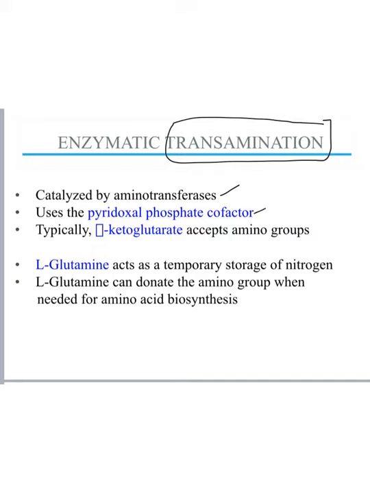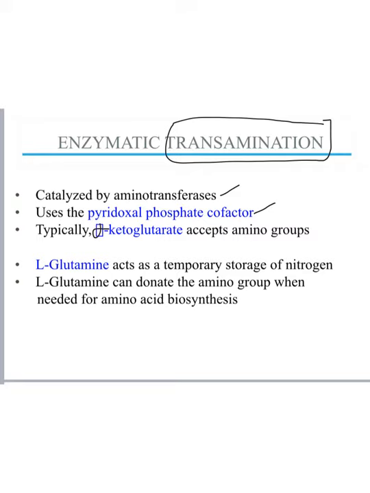We use a pyridoxal phosphate cofactor, a PLP cofactor, which you'll see in just a second. Typically, we use alpha-ketoglutarate as the acceptor of those amino groups. That leaves behind the carbon skeleton. Once we take off the amino group, we are left with those alpha-keto acid carbon skeletons, which can feed into the citric acid cycle or be reused and recycled in the cell.